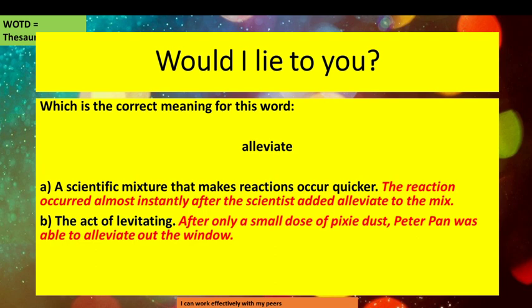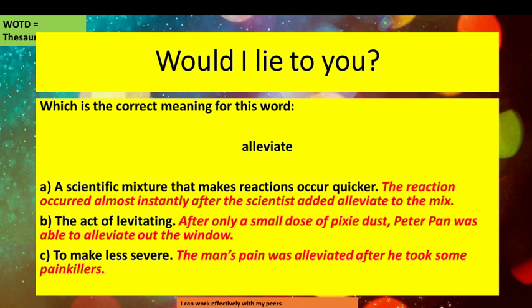The example sentence is, after only a small dose of pixie dust, Peter Pan was able to alleviate out the window. And the third and final possible definition is to make less severe. The example sentence is, the man's pain was alleviated after he took some painkillers.